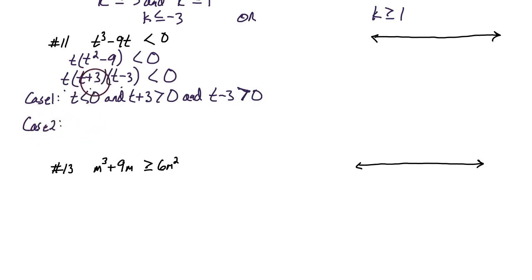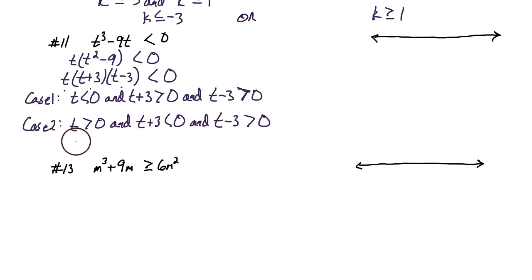Maybe it's the t plus 3 that's negative and the other two are positive. Case number 3. Maybe it's the t minus 3 that's negative and the other two are positive.